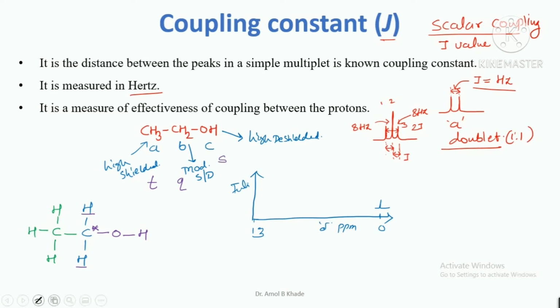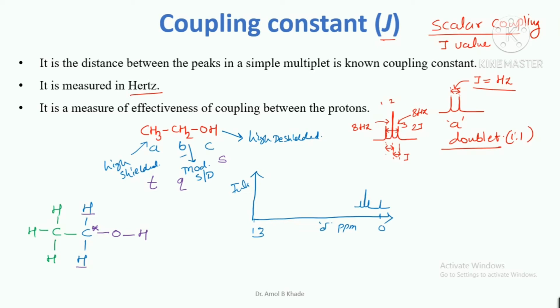Okay, so when we draw this NMR spectrum, for this CH3 we will get a triplet, and the triplet intensity is 1:2:1. So we can draw it here, 1:2:1. Then the moderately shielded or moderately de-shielded one, set B, has 3 protons in the neighboring carbon atom, so it will be a quartet.